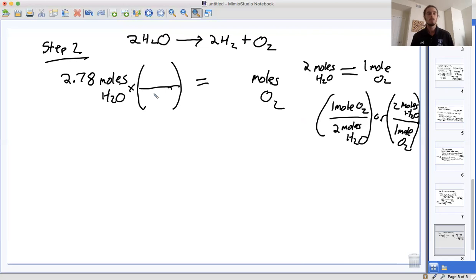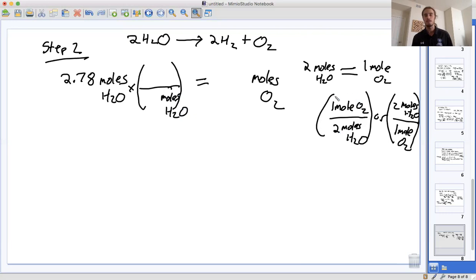To figure out which conversion factor to use, I need to recognize which unit I want to cancel. I want to end up with moles of O2, so I want moles of water to cancel. Moles of water is in the top here, so I need to put moles of water on the bottom.